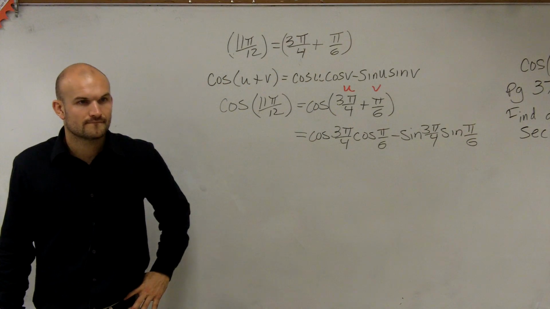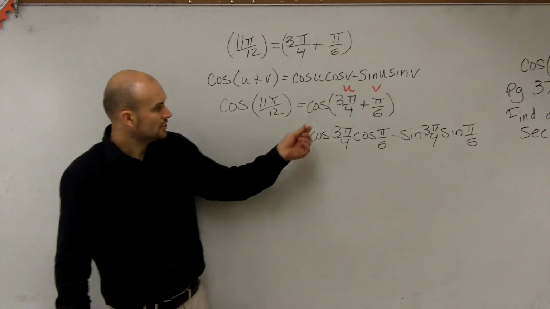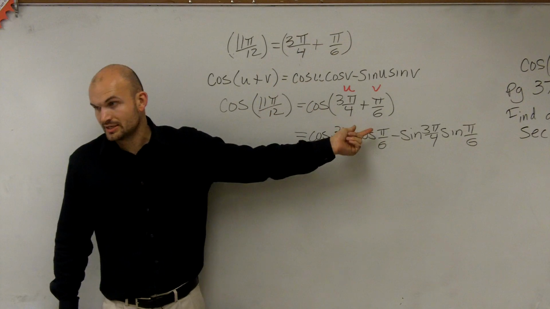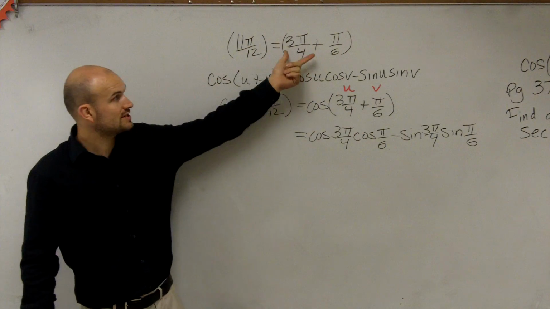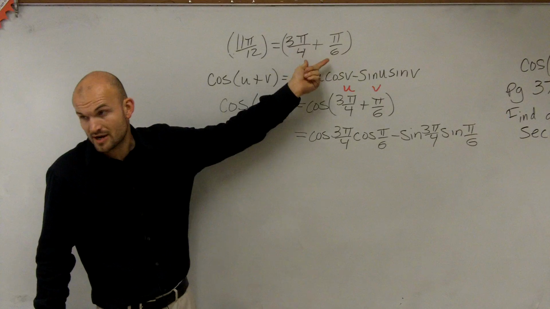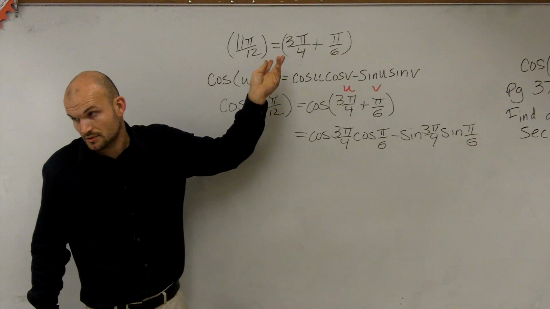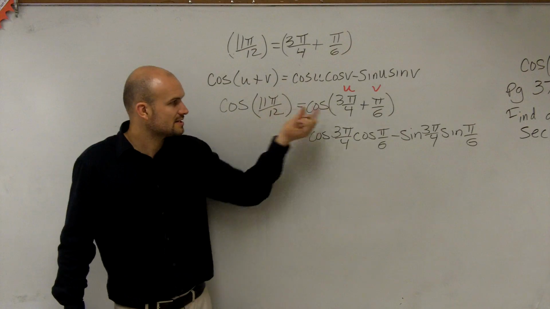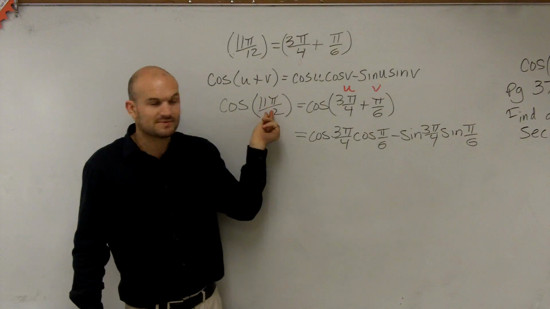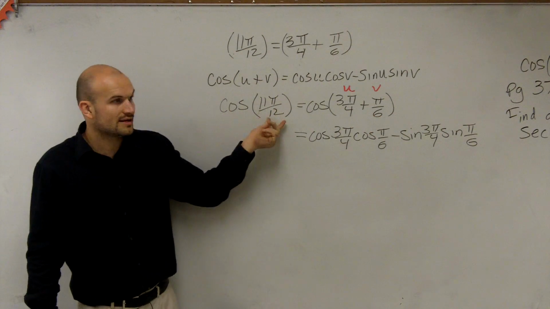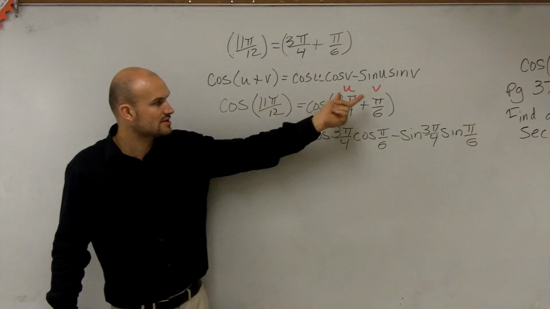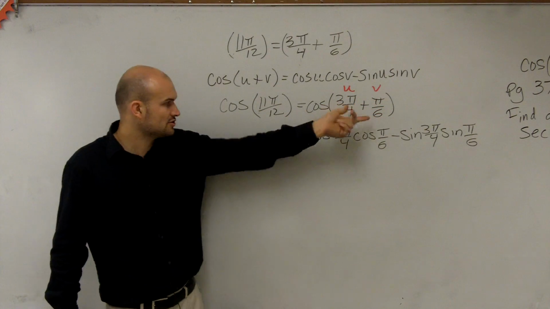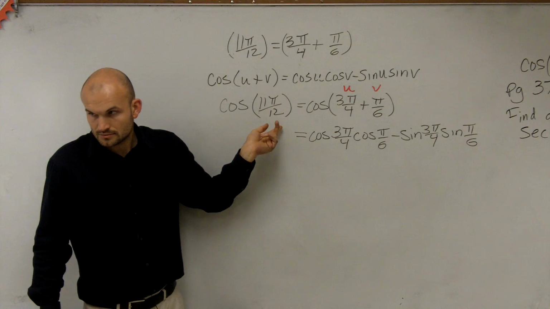Does everybody follow? No. OK. Do you understand how I took this and separated it into that? No. OK. Do you know that 3 pi over 4 plus pi over 6 equals 11 pi over 12? Yes. OK. So all I'm doing is rewriting it as these two fractions that add up to that. Rather than saying cosine of this, I'm saying cosine of this angle plus that angle, because those two angles add up to that.